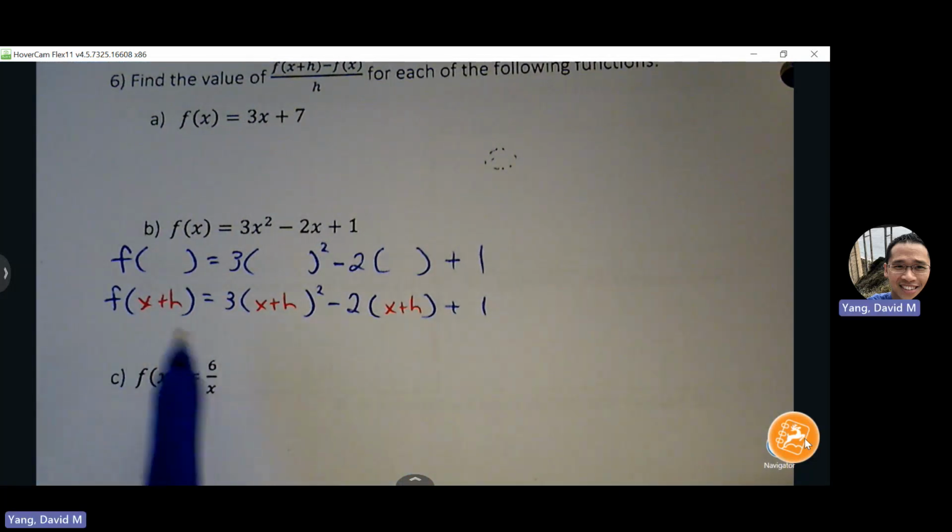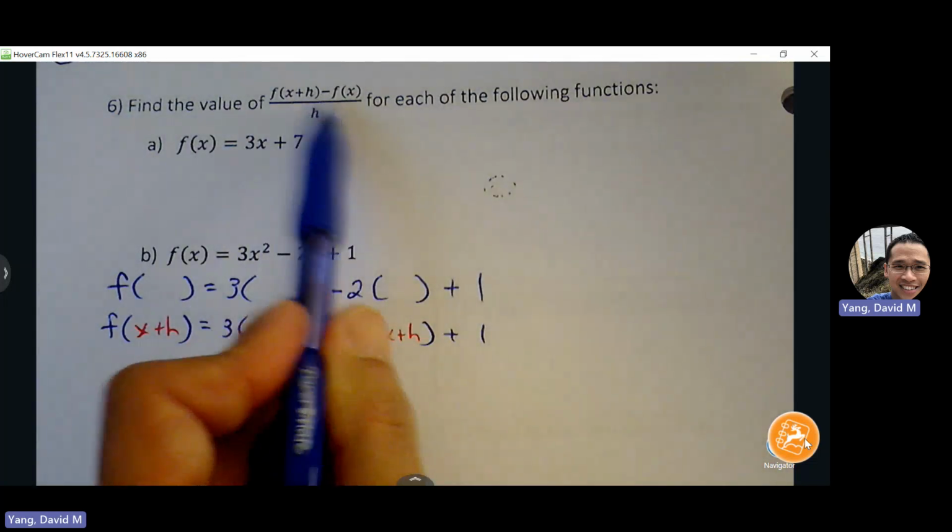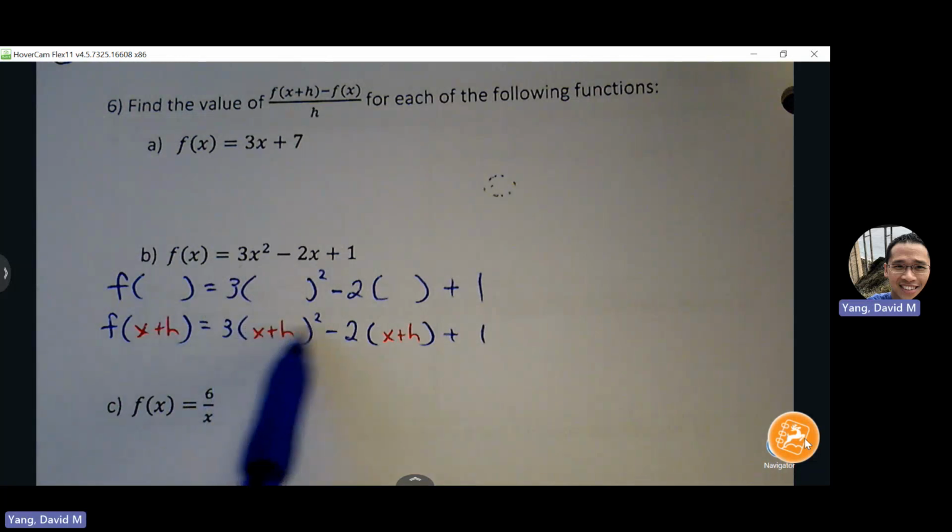That's the hard part. The hard part is just building your f of x plus h. After that, you're just replacing your numerators with the given and the new function, and then cleaning up after that.